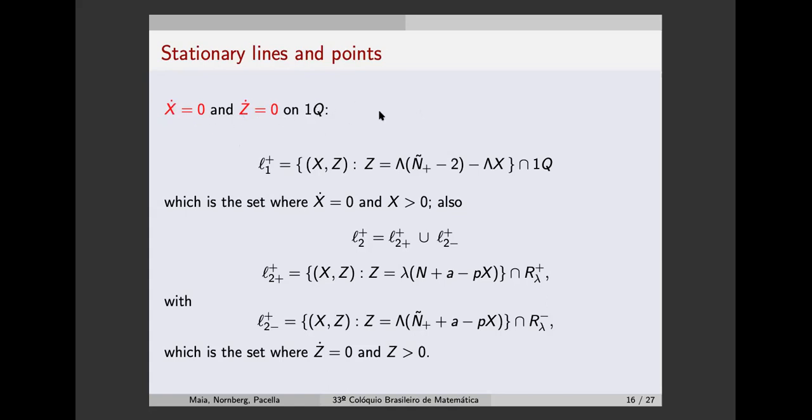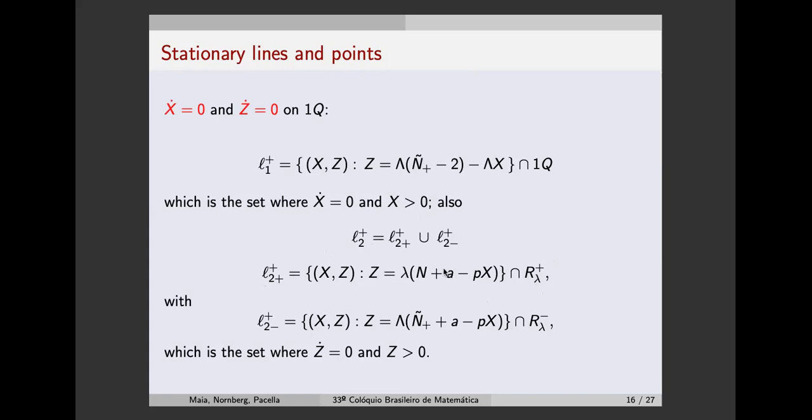In the first quadrant, for example, we have this line, which is z equals a constant minus lambda x, where x dot is 0. And this is going to be in the first quadrant. For z dot equals 0, we have two different lines, one in the region of concavity above and one in the region of concavity below.